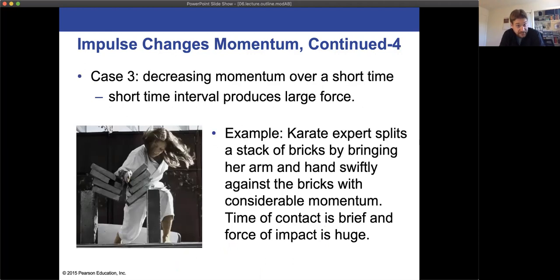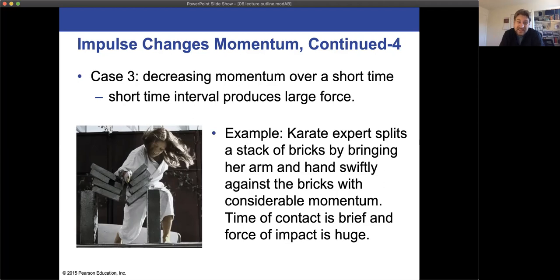If we shorten the time, because this trick works both ways, if we shorten the time of a collision during which we change the momentum of a thing, we're going to end up with a greater force to get the same impulse.